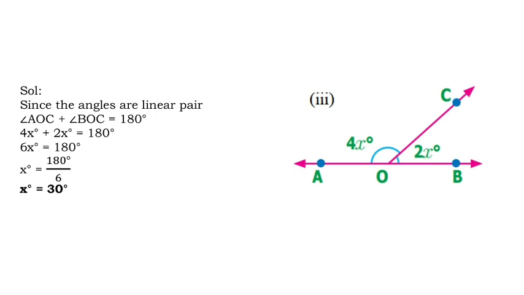So 6x degrees is equal to 180 degrees. So x degrees is equal to 180 degrees divided by 6. 180 is divisible by 6, 30 times. So the value of x is 30 degrees.